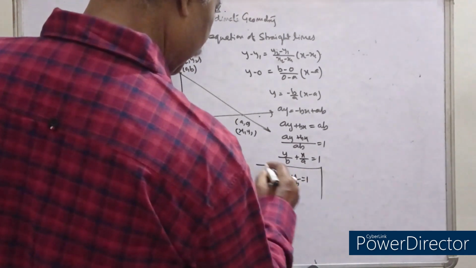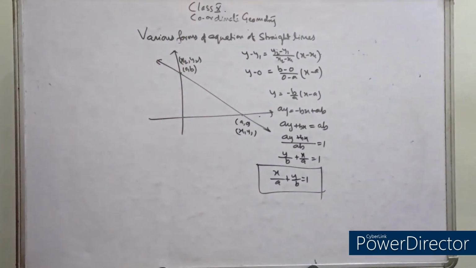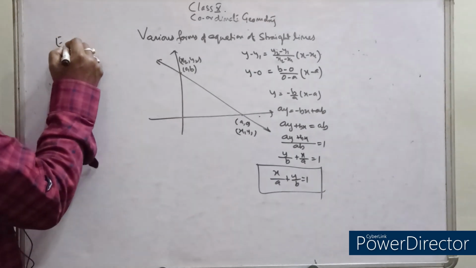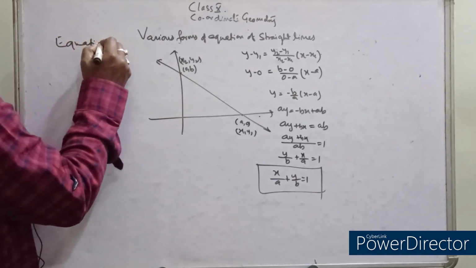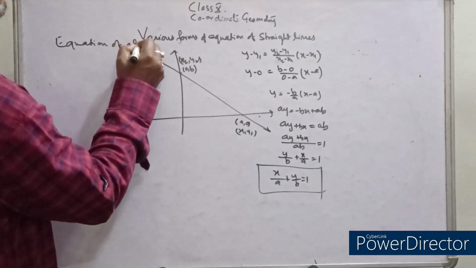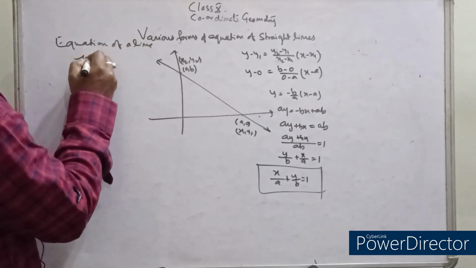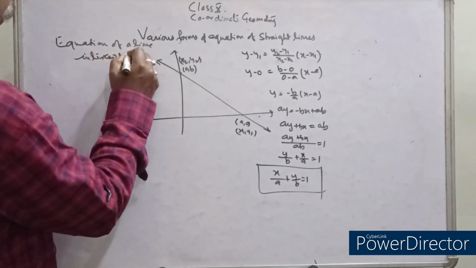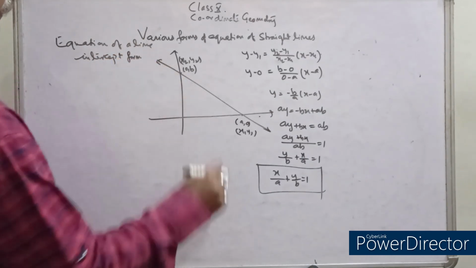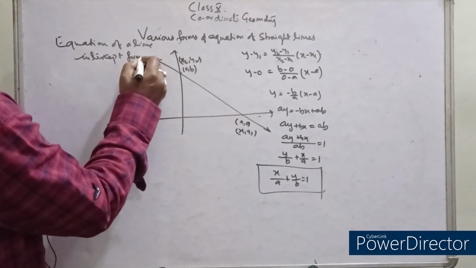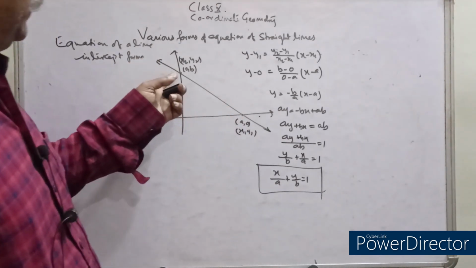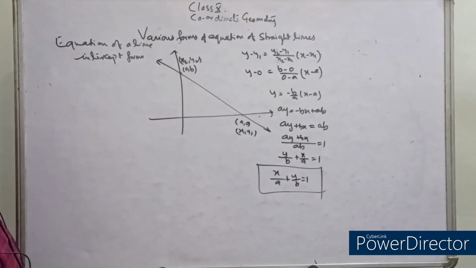This is the equation of a line in intercept form. In intercept form, that means the line is cutting both the axes, x-axis and y-axis, in the x-axis at point a comma 0 and in the y-axis at 0 comma b.